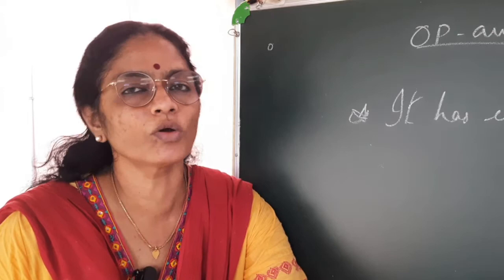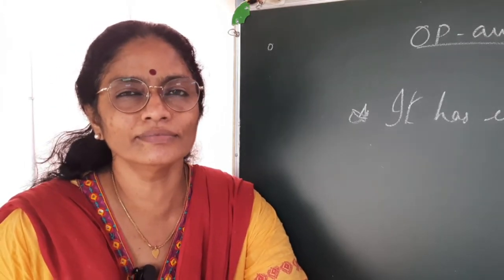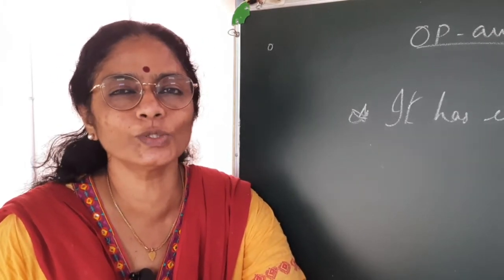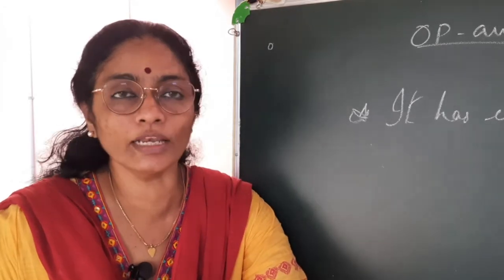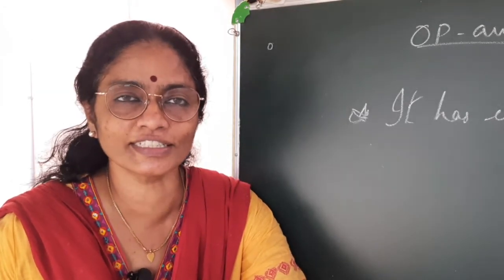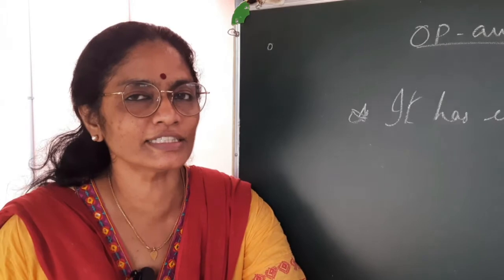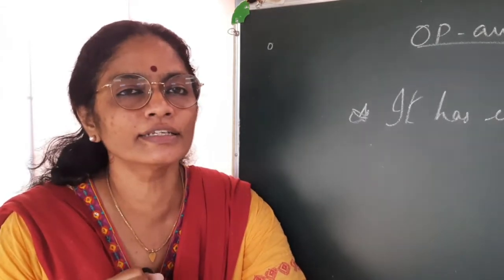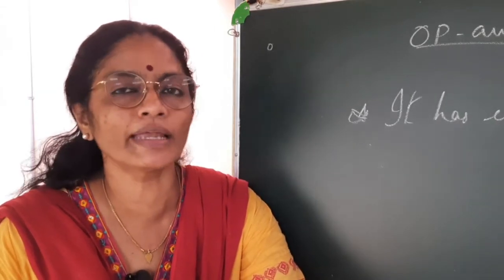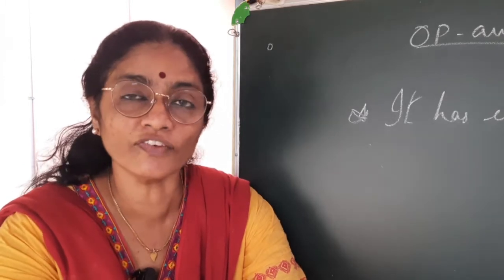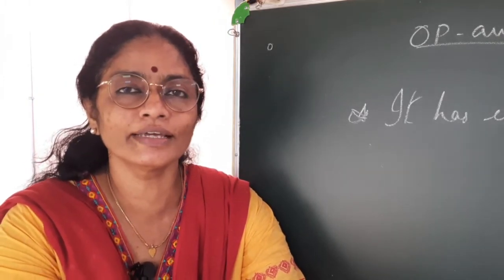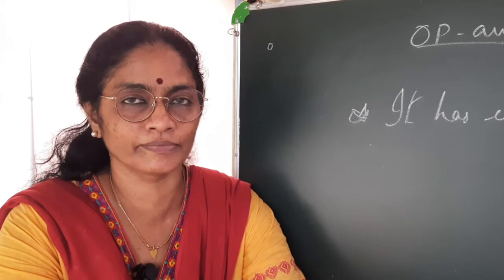So, we found what is an operational amplifier, what are the operations it can do, what is an ideal op-amp, and what are the characteristics. The characteristics are that it has infinite gain, infinite bandwidth, infinite input impedance and zero output impedance.